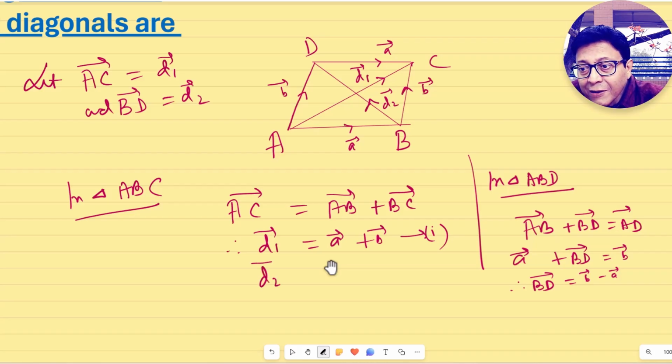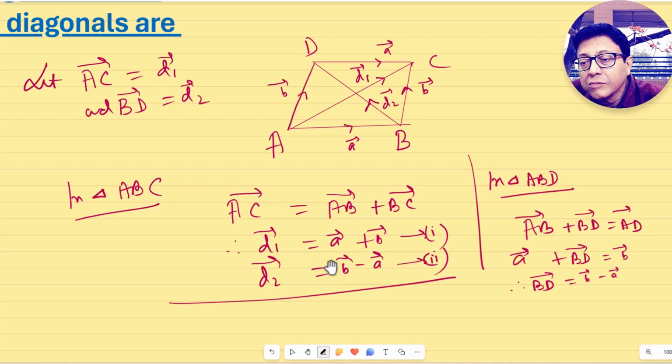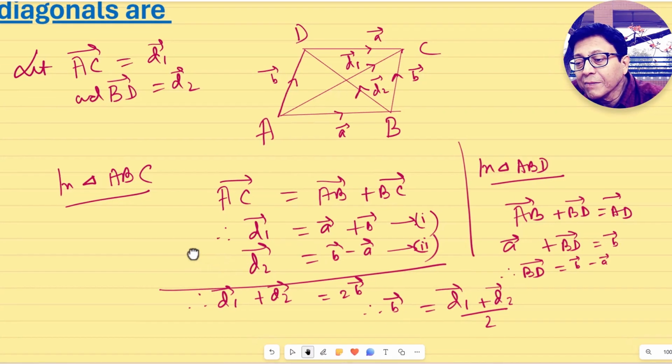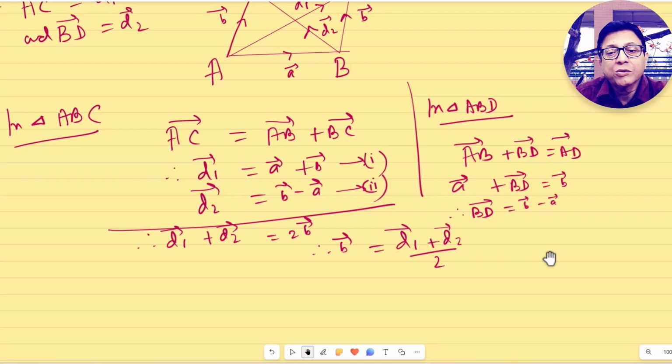That AB plus BD equal to AD. So what is AB? Here A plus BD equal to B. So BD vector is what? B minus A. Hope you have understood.